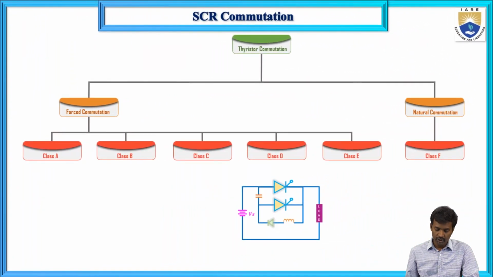Next, class D commutation. In the class D commutation, this is T1 and this is T2. Now T1 current flows in this direction, and we turn on T2.